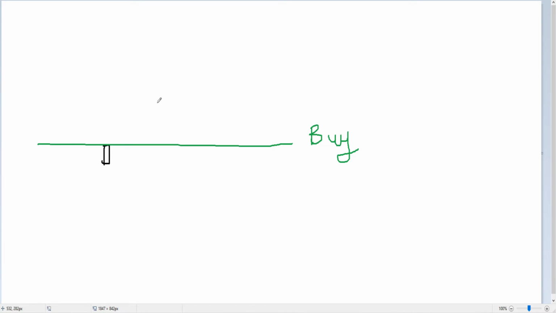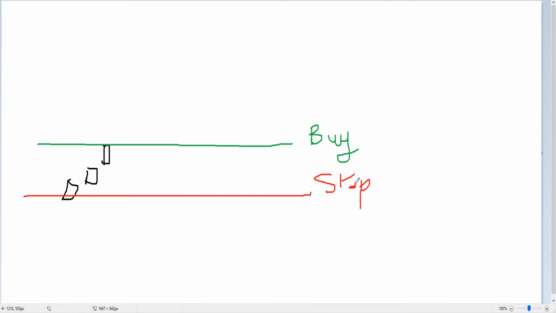Now let's say we have two or three candlesticks. Let's say this is what we call, I put here the stop loss, just to make sure you understand how I always work. So this is the stop loss.